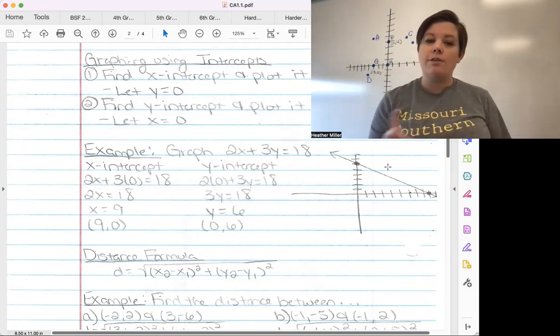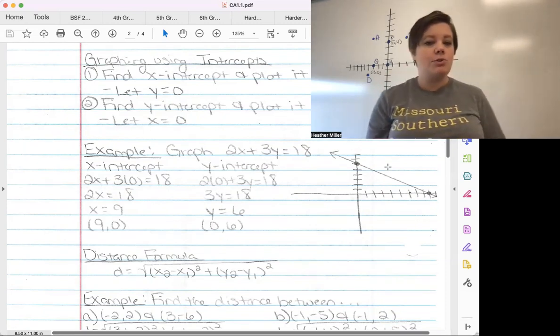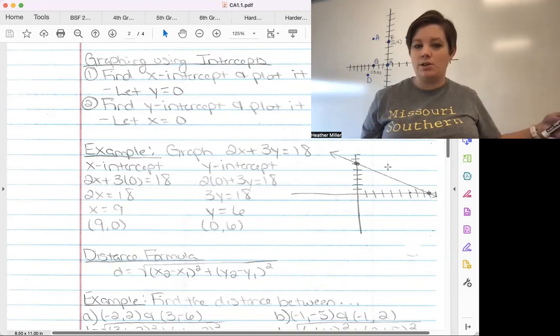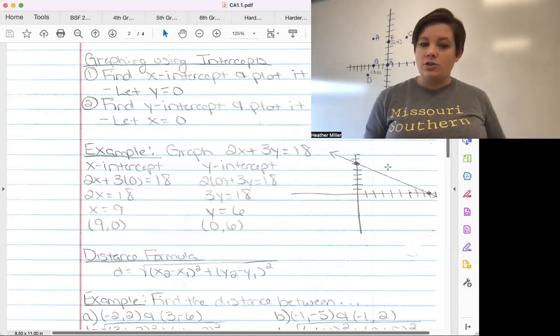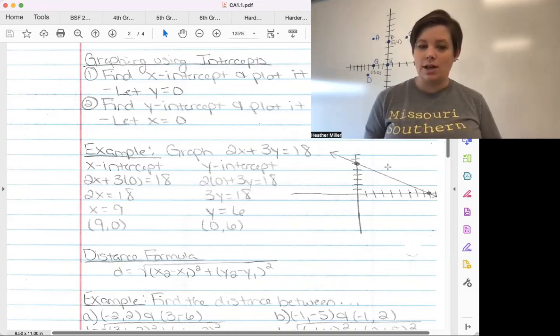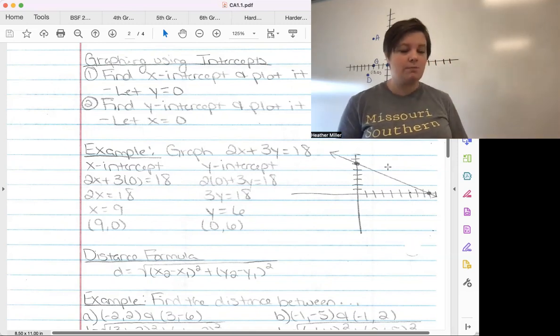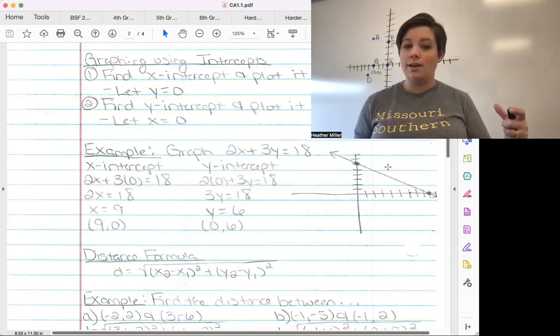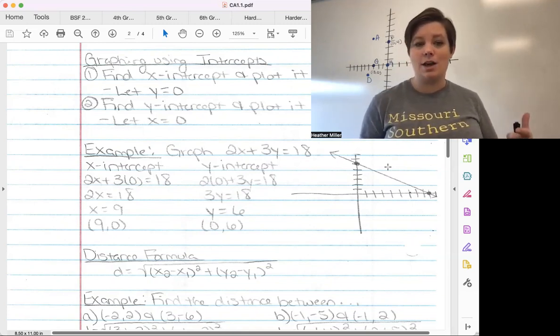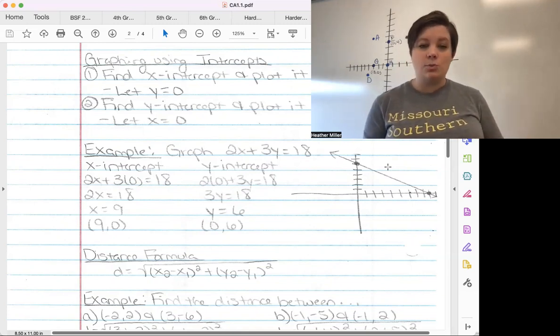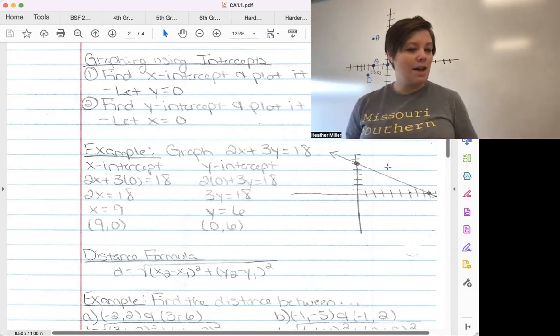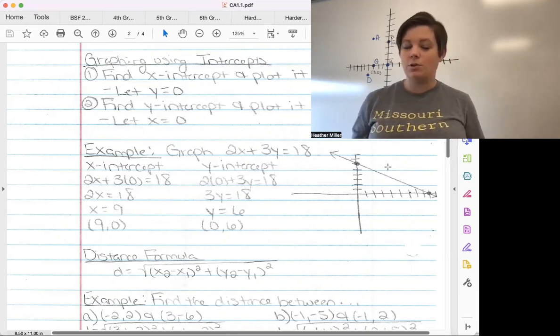So when you graph using the x and y intercepts, first you have to find those intercepts. Step 1 is you find your x-intercept. How do you do that? By letting y equal 0. You plug in 0 for your y and you solve for your x, and that will tell you your x-intercept. Then you find your y-intercept by letting x equal 0 and solving for y.